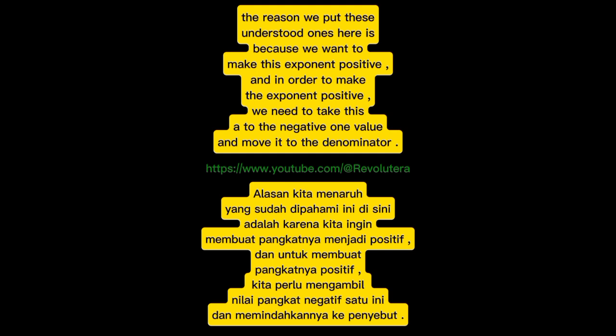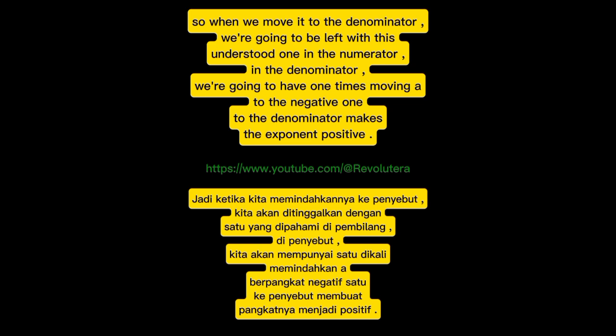The reason we put these understood ones here is because we want to make this exponent positive. And in order to make the exponent positive, we need to take this a to the negative 1 value and move it to the denominator. So when we move it to the denominator, we are going to be left with this understood 1 in the numerator. In the denominator, we are going to have 1 times a to the negative 1, and moving it to the denominator makes the exponent positive.